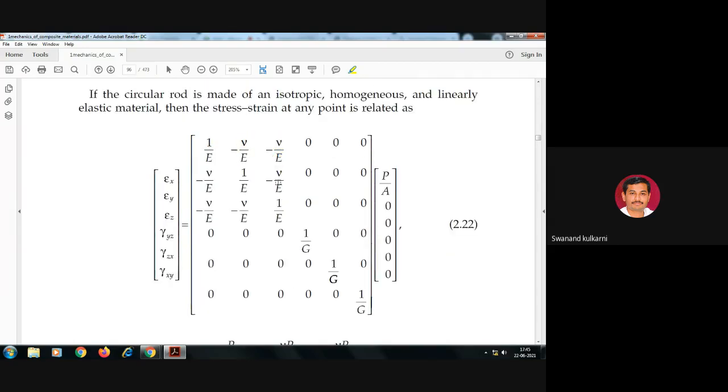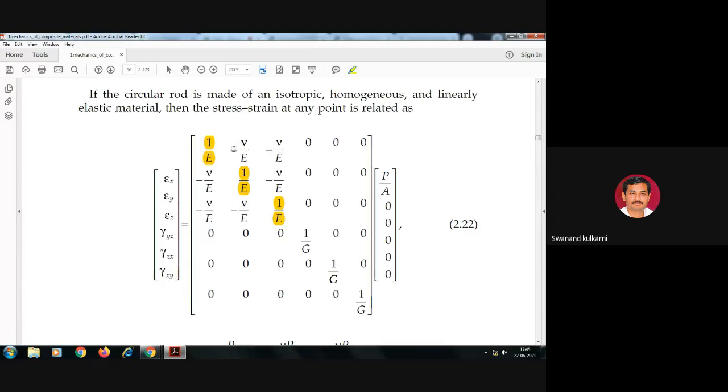Once again we will repeat the things because that is very important and we should know that properly. This particular element 1 upon E which is shown here will be considered S11. This will be considered to be S22. This will be considered to be S33, and in that way S11, S22 and S33, all these three are equal to 1 upon E. Is it okay?